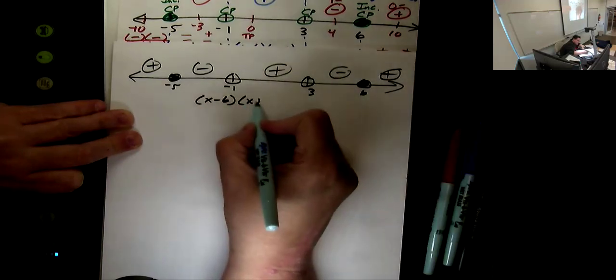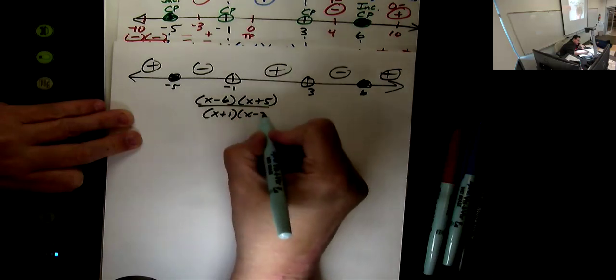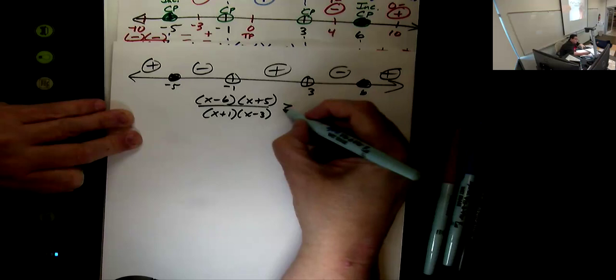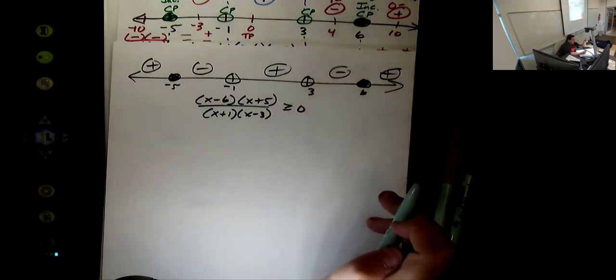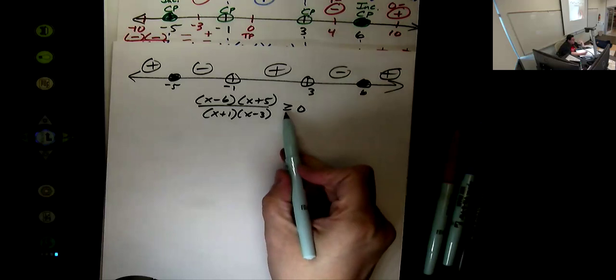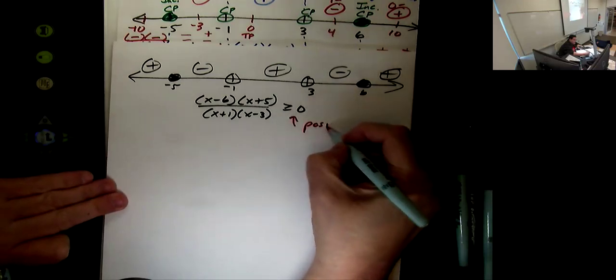And our equation was x minus 6, x plus 5 over x plus 1, x minus 3, greater than or equal to 0. We want values that are greater than 0. Greater than 0 means positive regions are what we want.